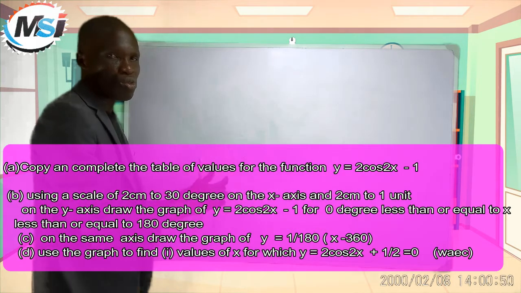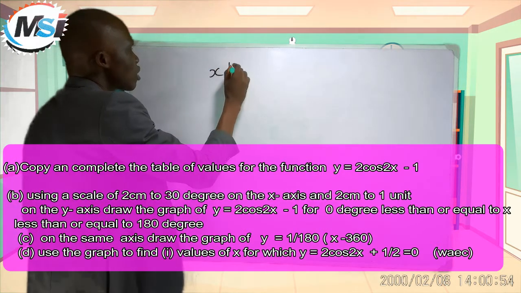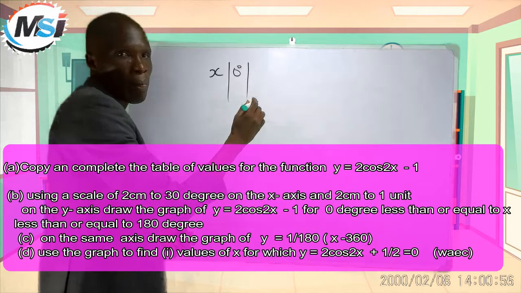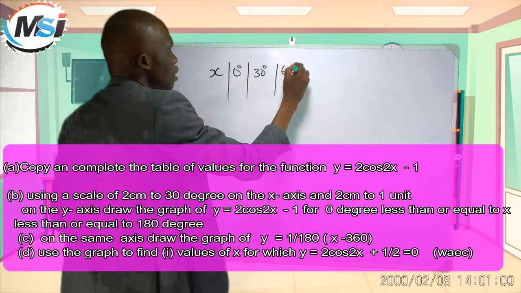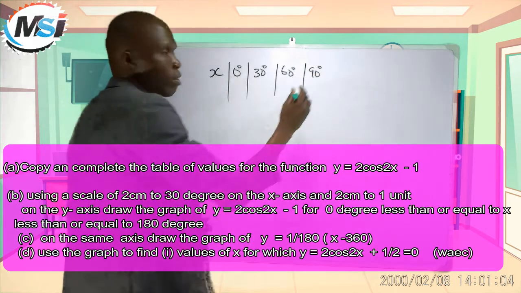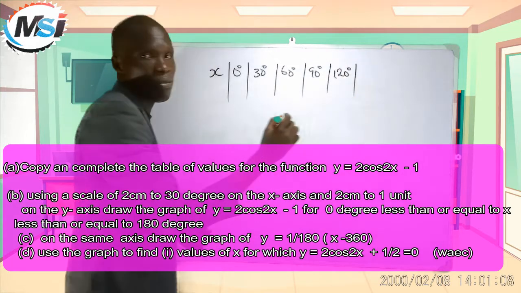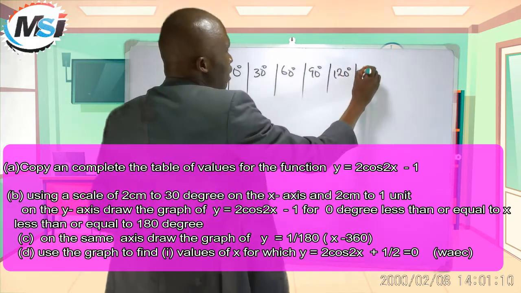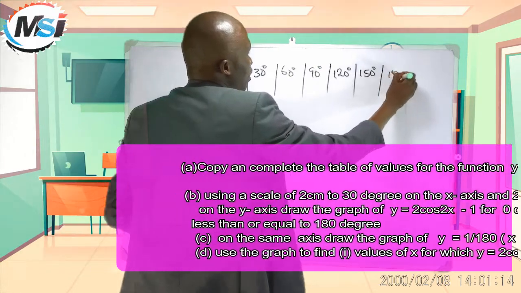That is the first instruction given to us, and the table given to us is x equals 0 degrees, followed by 30 degrees, 60 degrees, 90 degrees, followed by 120 degrees, and followed by 150 and 180 degrees.